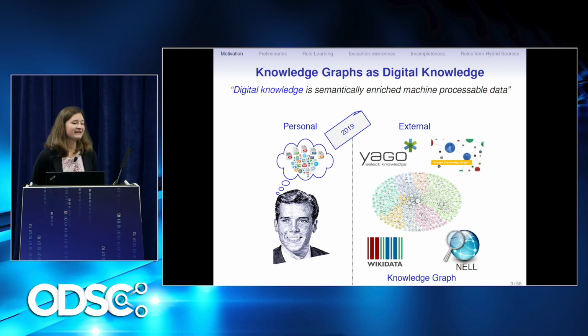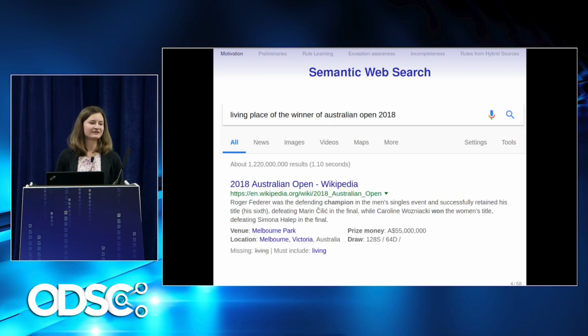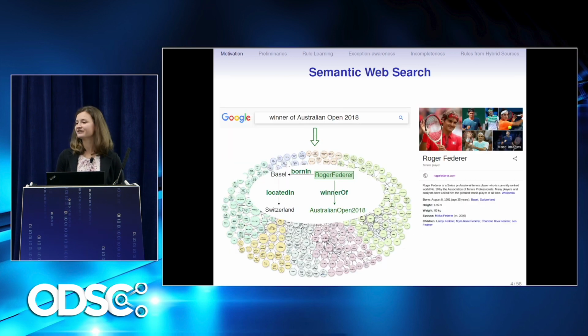Many people might not know, but in fact, you and I, we all use knowledge graphs on a daily basis when issuing simple queries on the web. For example, if you search for the winner of Australian Open 2018, instead of syntactically similar web pages, you would actually get a concrete result, Roger Federer in this case.